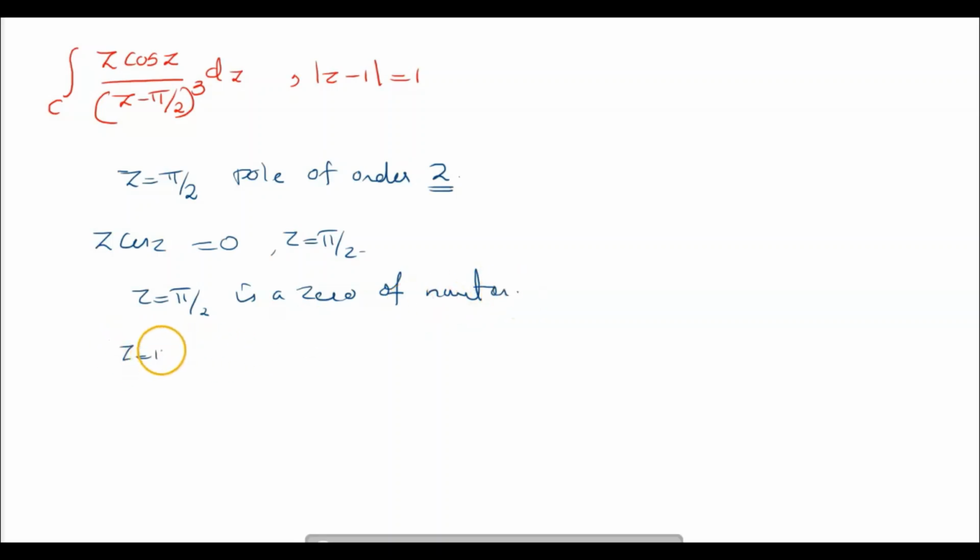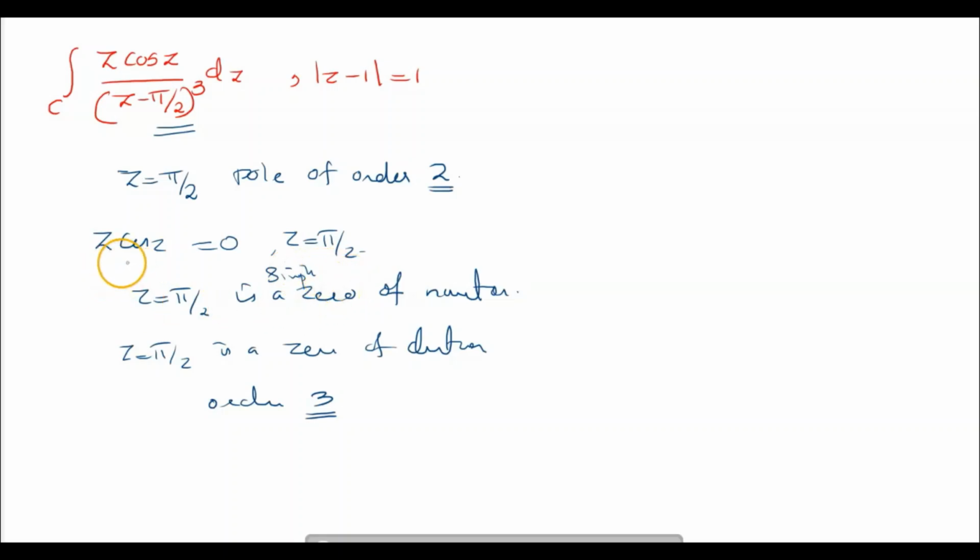Also z equal to pi by 2 is a 0 of the denominator. For the denominator, z equal to pi by 2 is a 0 of order 3, and for the numerator it is a simple 0.